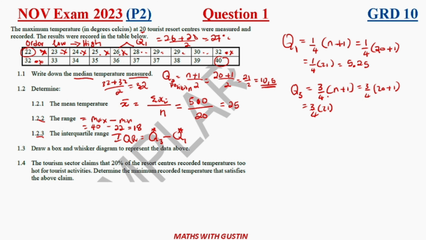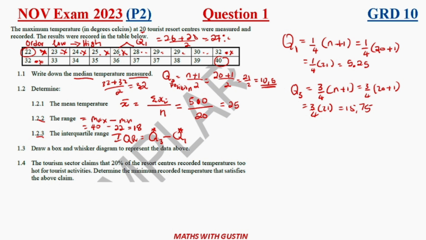There you go. So therefore this will give us the position of the upper quartile. So now let's see the position of the upper quartile. In this case, as I'm checking on my calculator, guys, please bear with me. It is giving me the position of number 15.75.